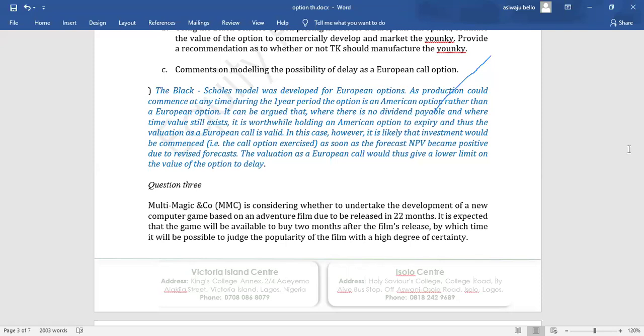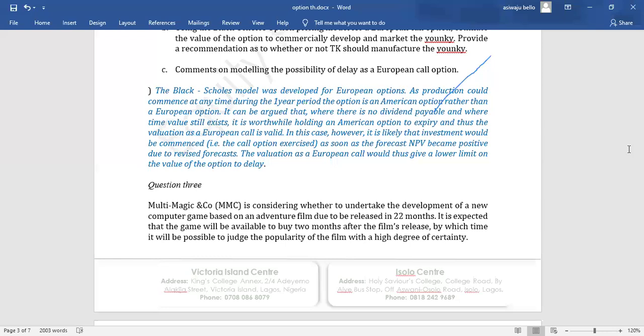What is the examiner trying to test here? First, can we differentiate between American option and European option?